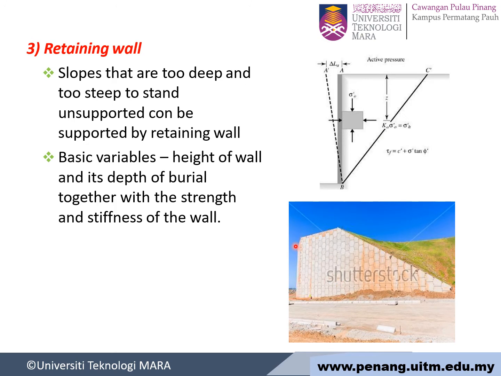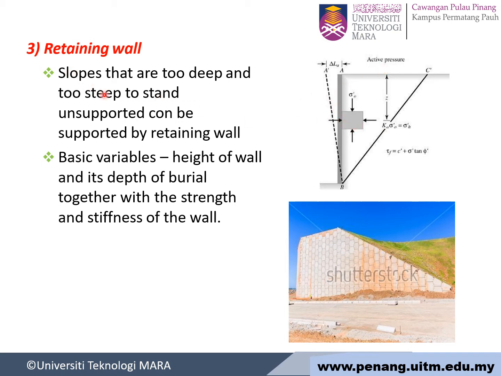Okay, this one is another structure which is retaining walls. This one is an example of a retaining wall. If you see here, near the slope area, we have the retaining wall to make sure that it will retain the soil so that it does not fail. Here, this is analysis for the retaining wall. We have the active pressure, passive pressure, and then the force.